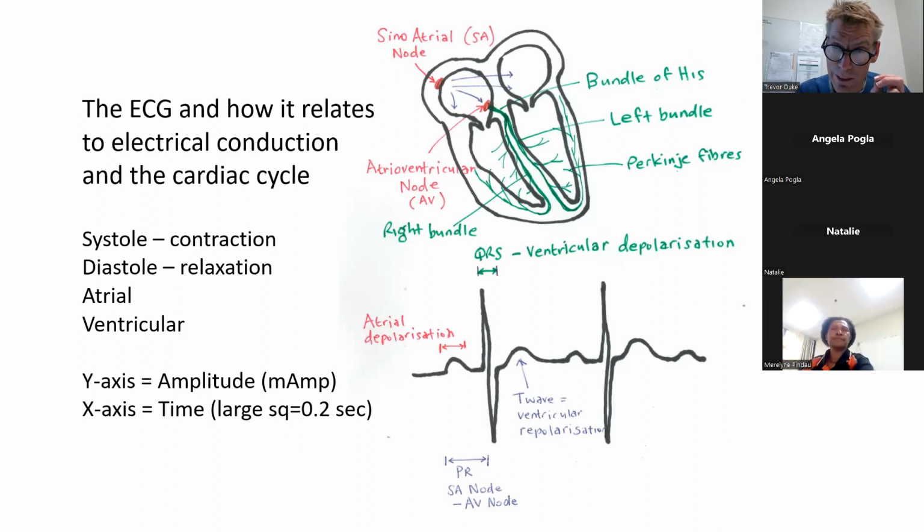Sometimes the pacemaker is actually at the AV node itself. That's why you don't see P waves, and that's why you also see a normal QRS complex. The QRS complex is narrow because once the impulse has got to the AV node, it's following the normal pathway. It's not following a slow route, right?